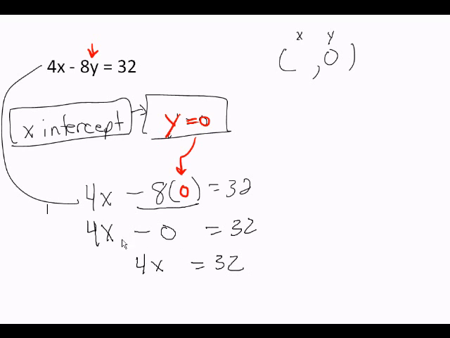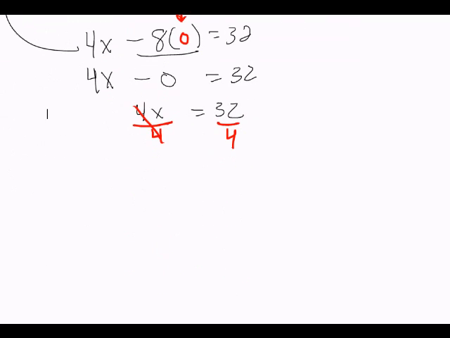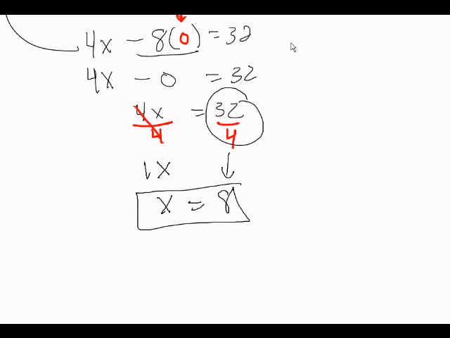In order to find out what x equals, I have to get rid of the 4, so I'm going to divide both sides by 4. 4 divided by 4 is 1x, which is just x, and 32 divided by 4 is 8.